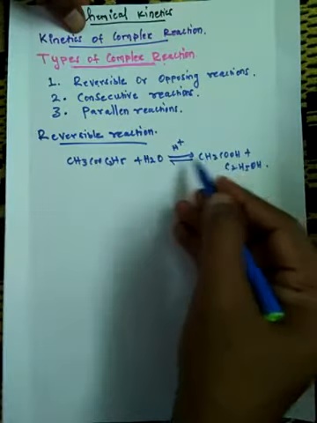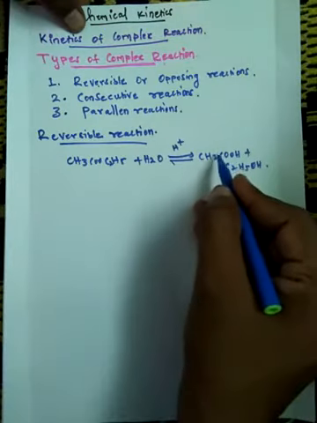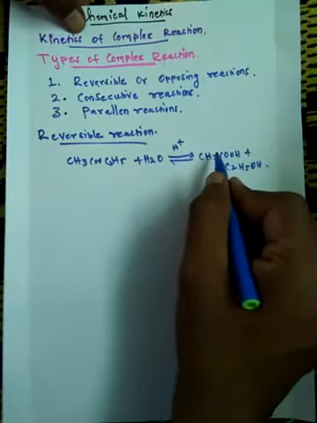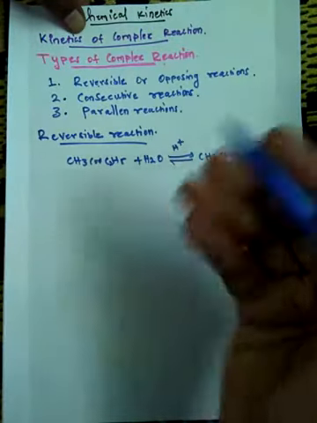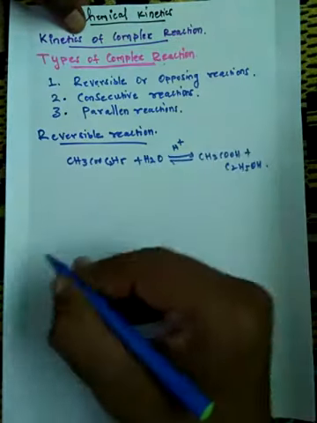So as the product concentration increases, the rate of the reverse reaction also increases. So at a certain time, the forward and the backward reaction will be the same. So the net rate of the reaction will be 0.